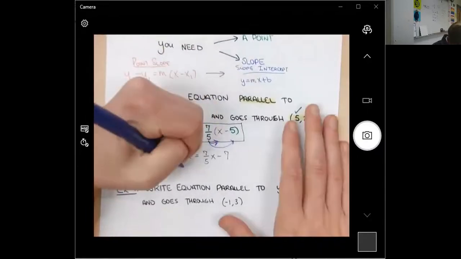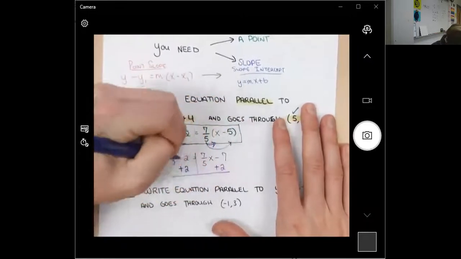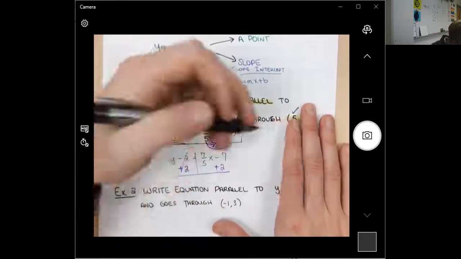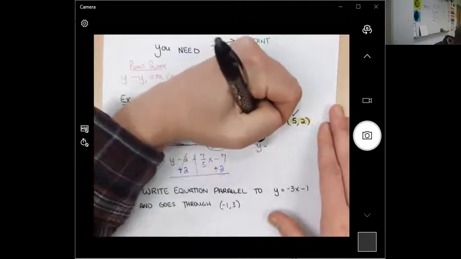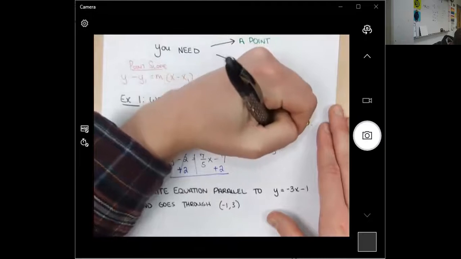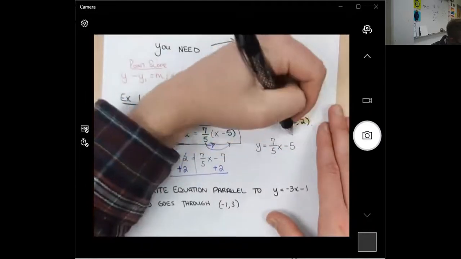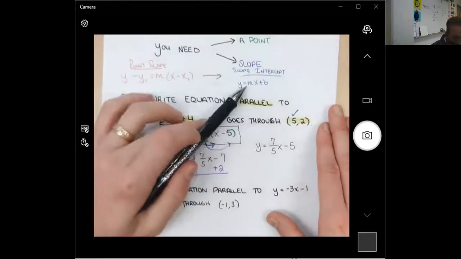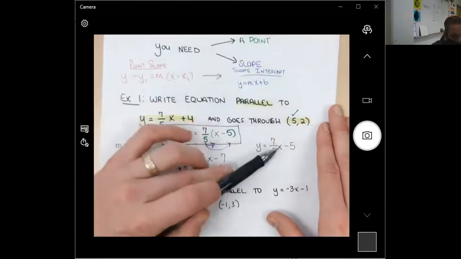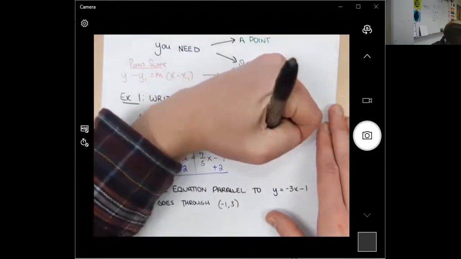So what I'm going to do next is add the 2 to both sides to isolate y. And so what I get here is y equals 7/5 x minus 5, -7 plus 2. So now y is completely by itself. M is 7/5, b is -5. So this is the answer in slope intercept form.